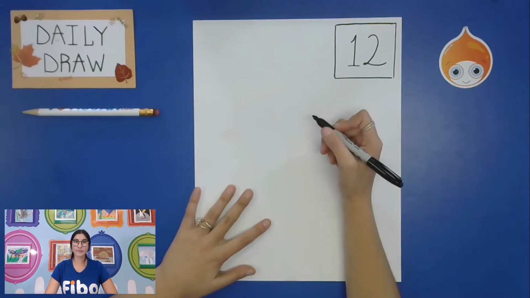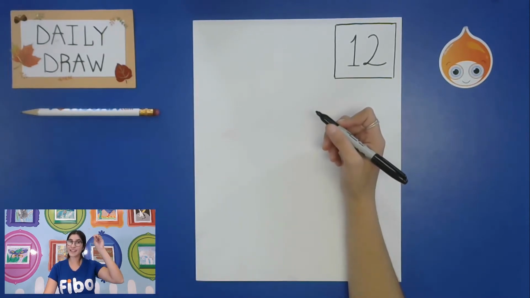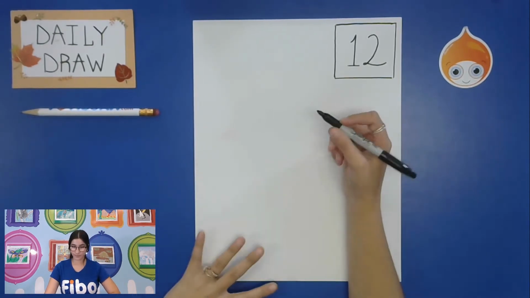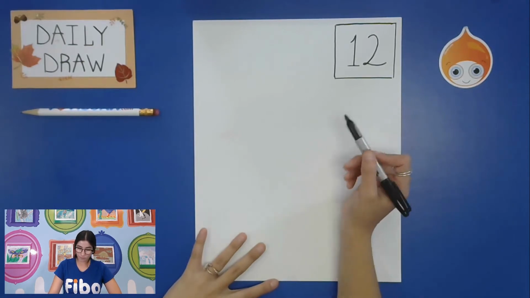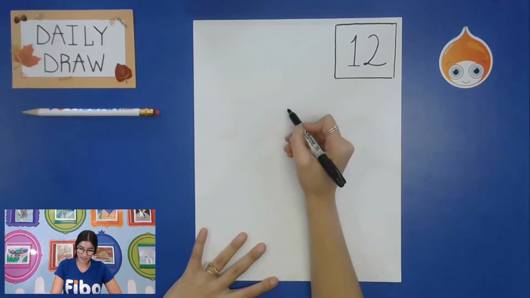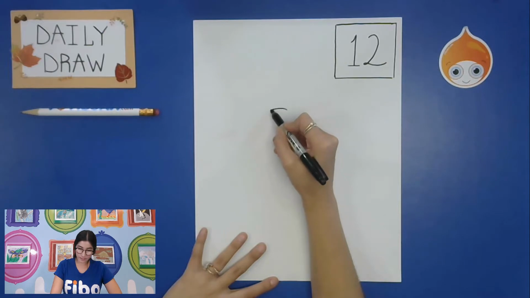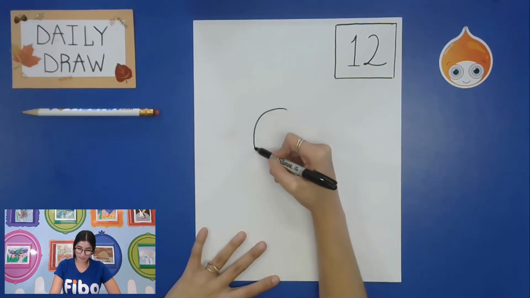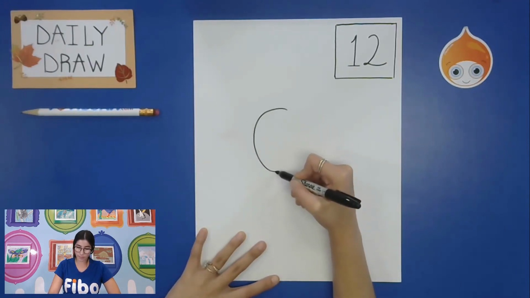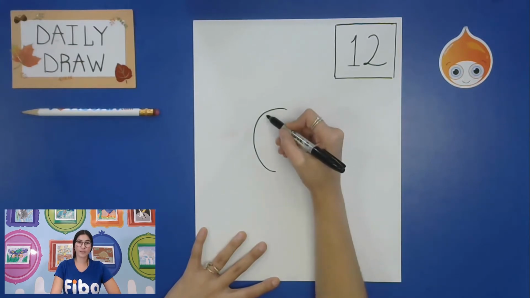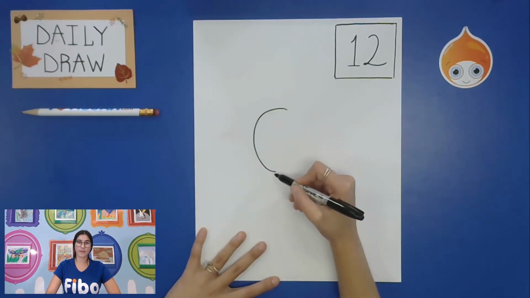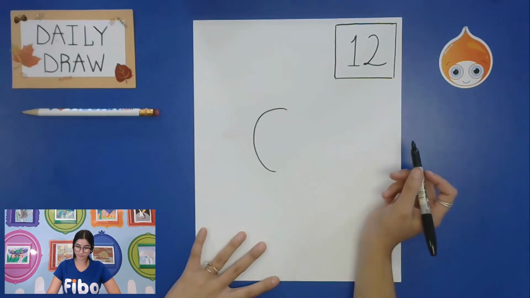The apple is going to be sitting on top of our hedgehog's head, so we want to draw that first. Now to draw our apple, we're going to start on the left side, and we want to draw a curved line like a letter C that comes in a little bit closer in at the bottom. So rather than being really big at the bottom and top, we're going to have it a little bit smaller at the bottom.